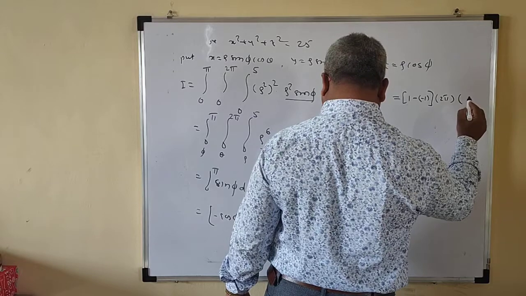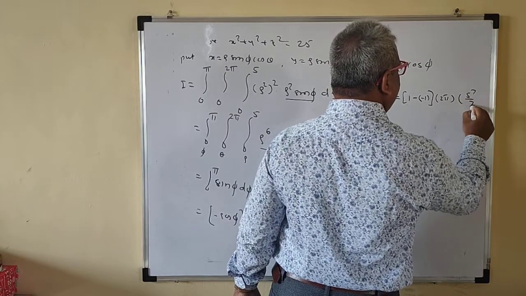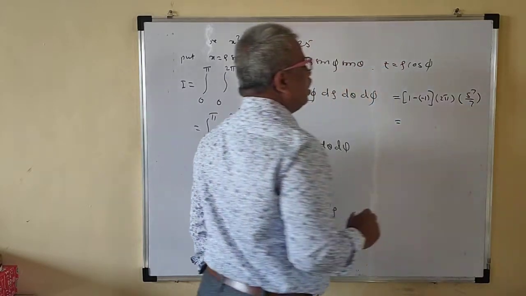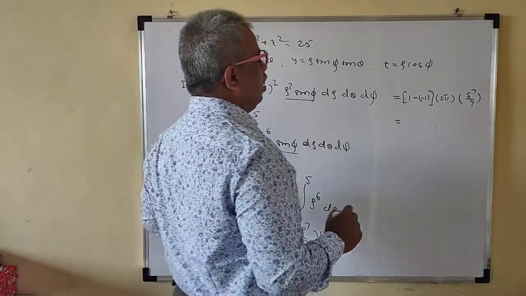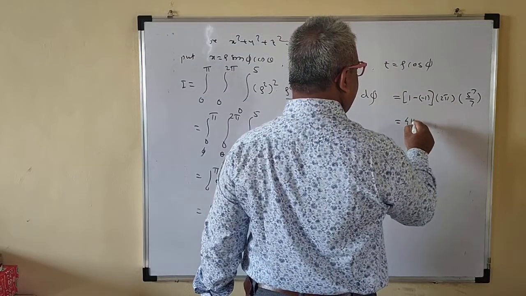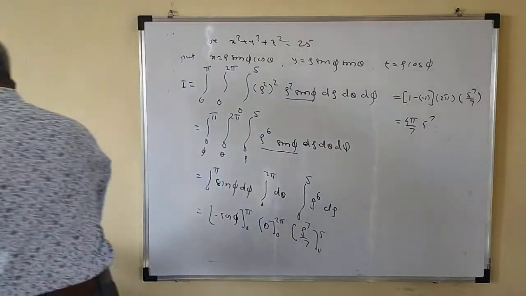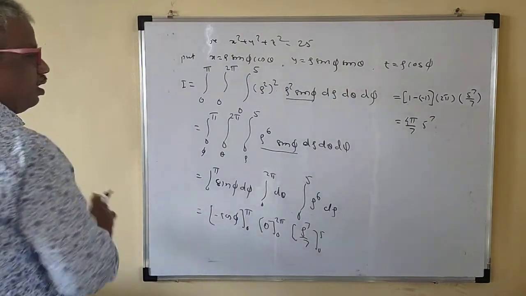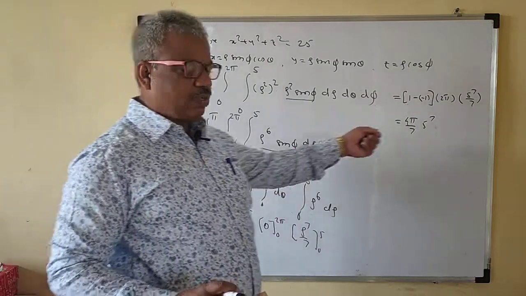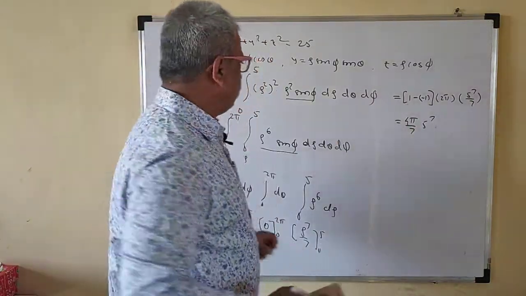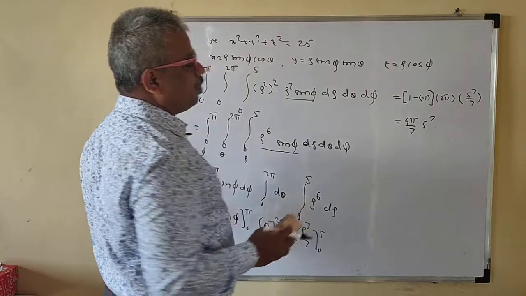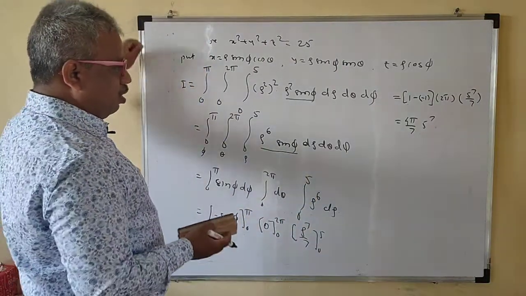And this is 5 to the power 7 upon 7. Okay. So this is then 4 pi by 7, 5 to the power 7. We cannot expand it. If you want to expand 5 to the power 7, you can expand. Otherwise keep as it is. So this is the required answer: 4 pi upon 7 into 5 to the power 7.